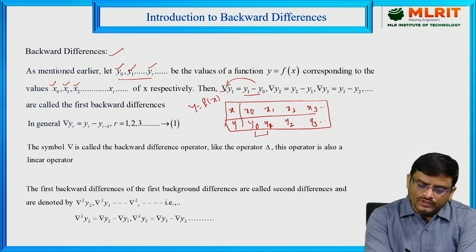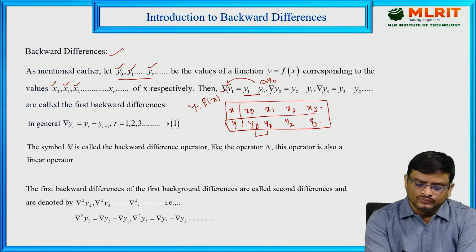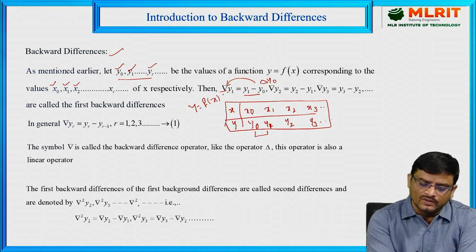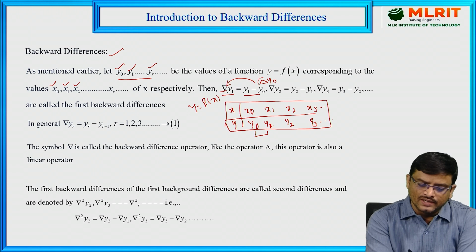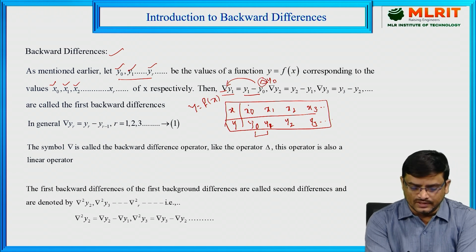In Newton's forward differences we have seen y1 minus y0 is represented with the symbol delta y0, whereas the same difference y1 minus y0 is represented with del y1. Here del represents the backward difference operator. In the forward, this delta represents the forward difference operator.